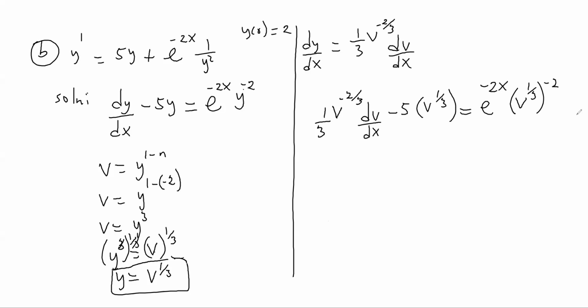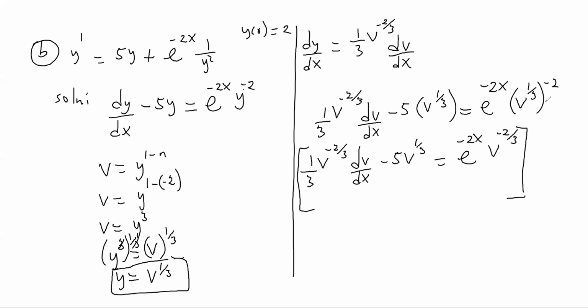So in other words, y here is minus 2, so it has to affect what is coming here. So I will have 1/3 v raised to the minus 2/3 dv by dx minus 5 v raised to the 1/3 will be equal to e raised to the minus 2x times v raised to the minus 2/3. Perfect.